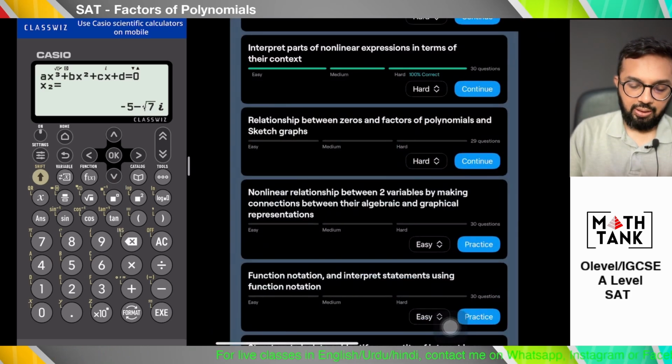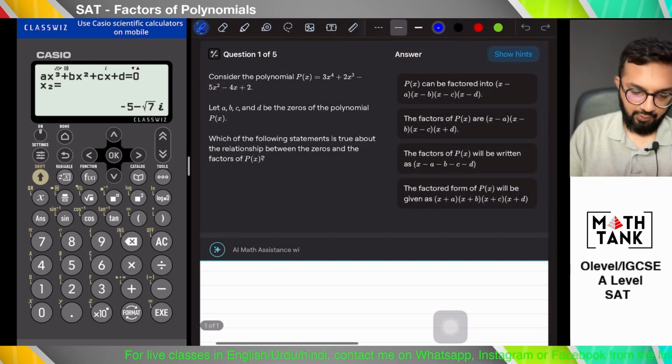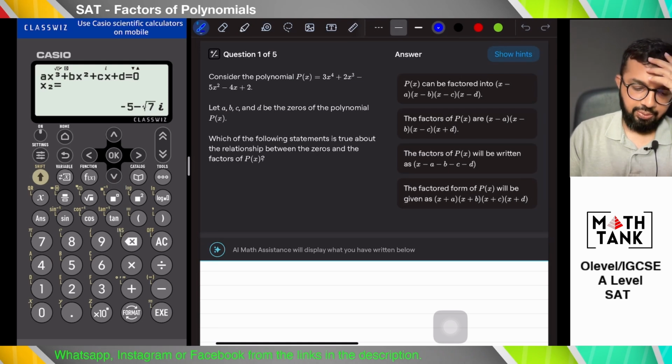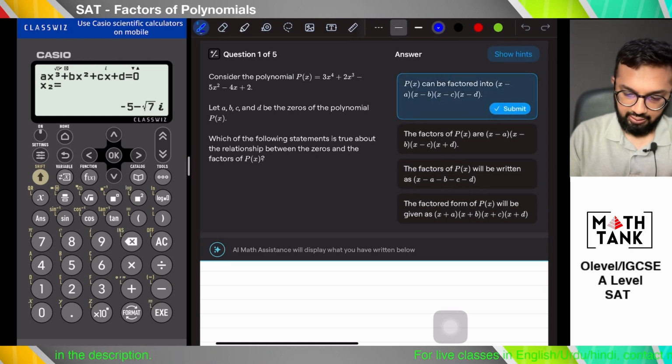Let's see some more hard questions. Consider the polynomial, let a, b, c, and d be the zeros of the polynomial. Which of the following statements is true about the relationship between the zeros and the factors of x? So that should be the answer, I think, unless there's a k attached somewhere.